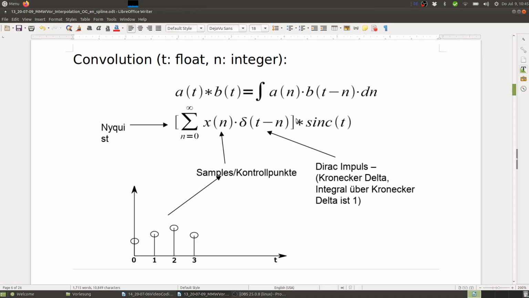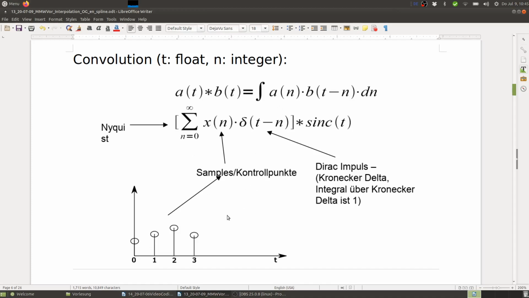Right, and then we know, since we have the area of 1 for the Dirac in this A, basically what's left of B is the function value at the point where the Dirac appears. So basically we shift the Dirac at position t minus n, so here we have it at position n, and it becomes the sinc around n. We would have sinc of t minus n as the result of this convolution.